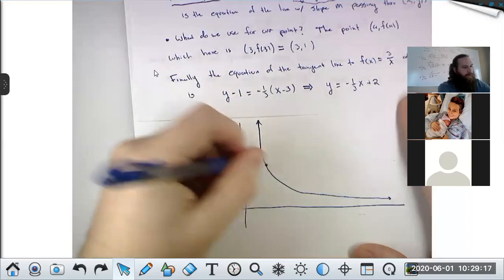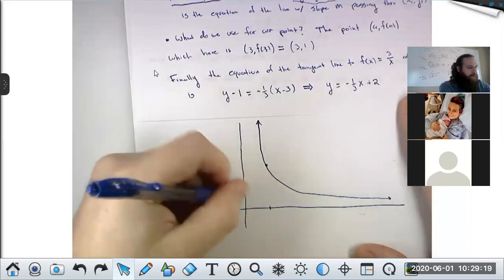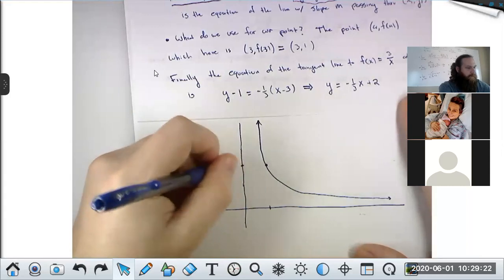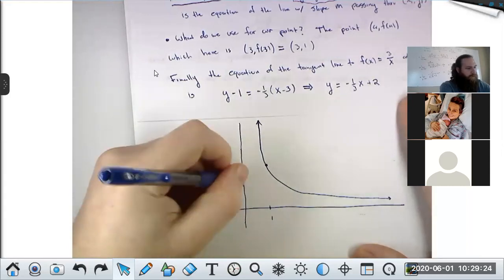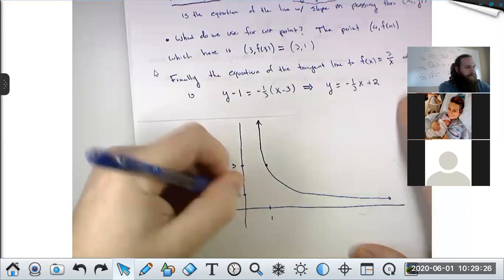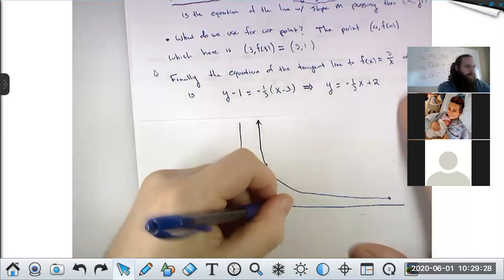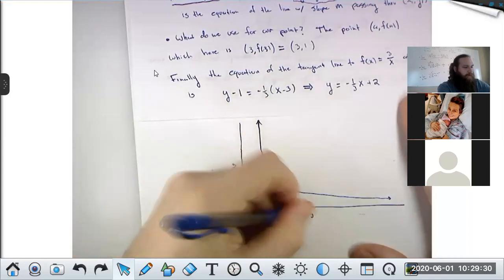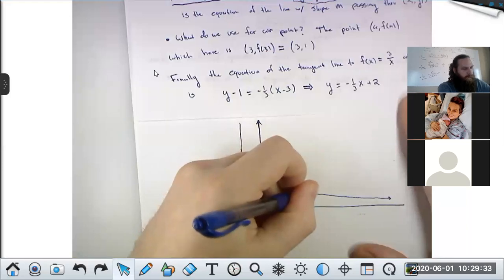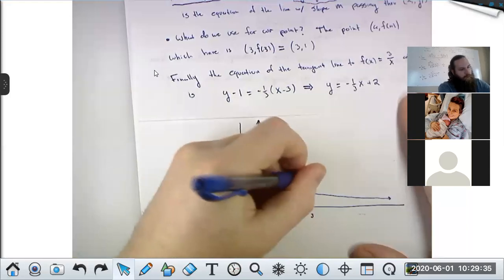And right here is the point 1 comma 3. But the point I'm looking at is over here at 3 comma 1.